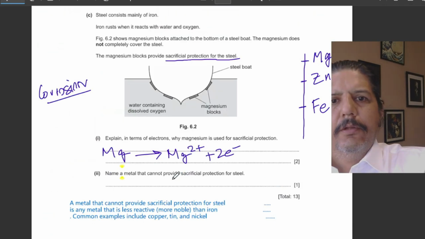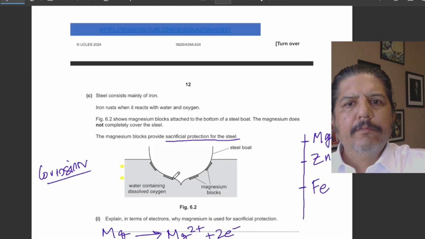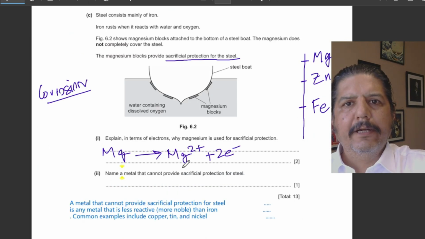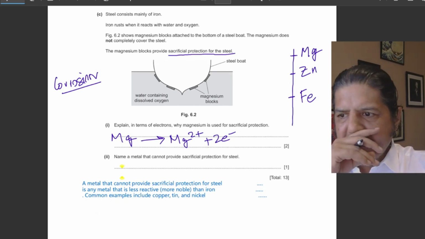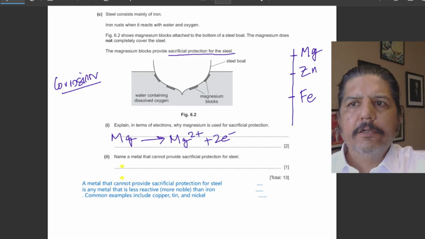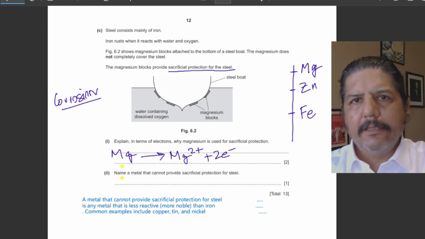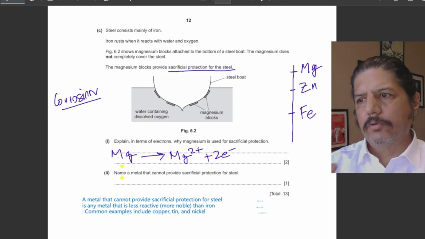Yeah. So again, this is a question which was asked, and again, what I'm trying to suggest is that this topic is a simple topic. It doesn't require much cramming. It just requires you to understand how the reactivity series works. If you know how the reactivity series works, then you can go through this topic.